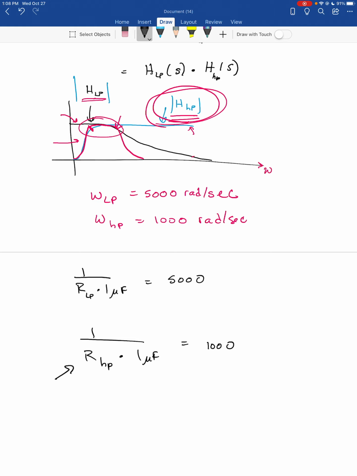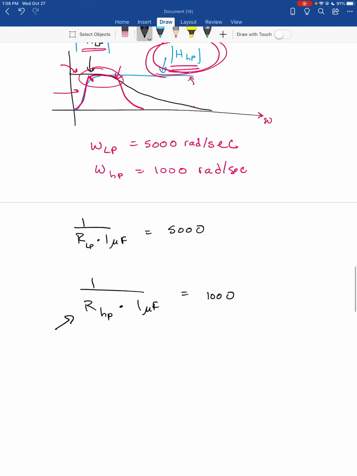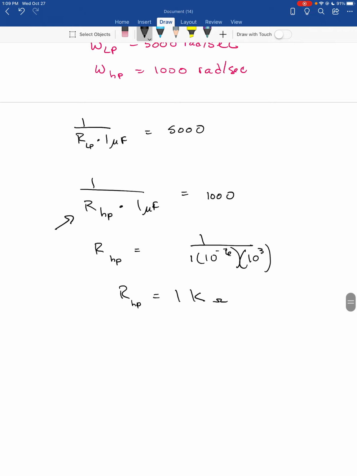So R high pass is 1 over 1 times 10 to the minus 6, and then this 1,000 would be 10 to the third. So R for the high pass, if I'm doing my calculations correctly, is 1 kiloohm.